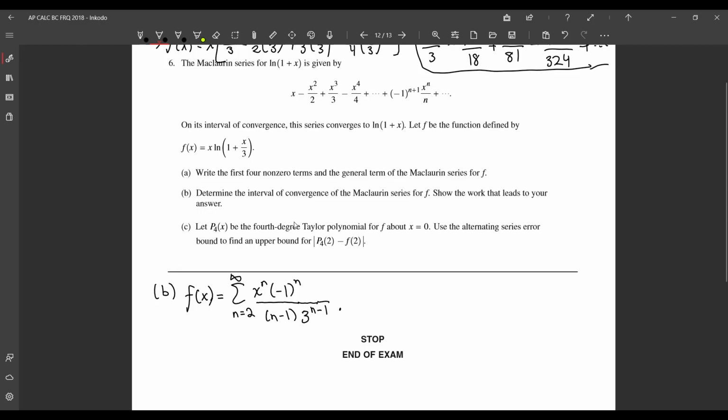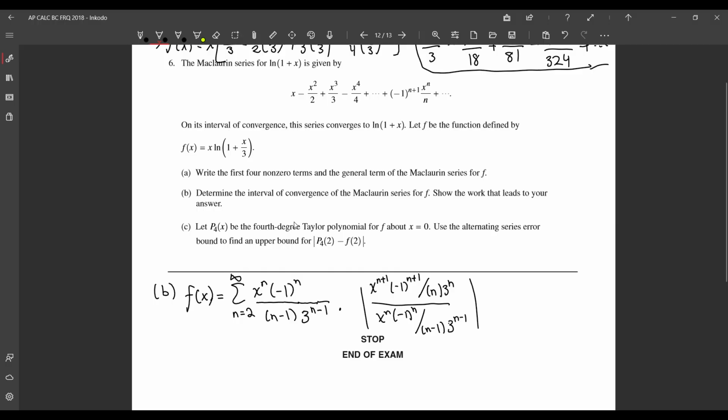So essentially what we have to do here is take the limit, or take the ratio of consecutive terms. So we have x to the n plus 1 times -1 to the n plus 1 over n times 3 to the n, divided by x to the n times -1 to the n over n minus 1 times 3 to the n minus 1.